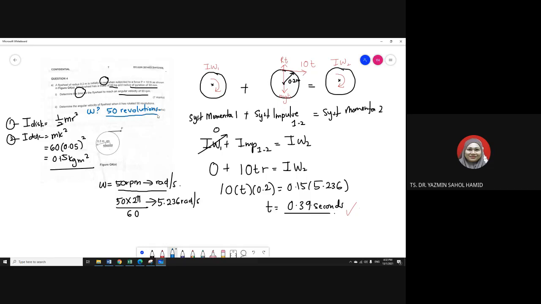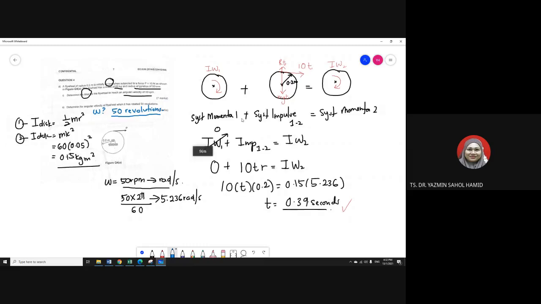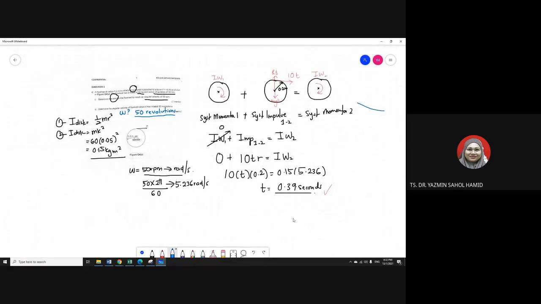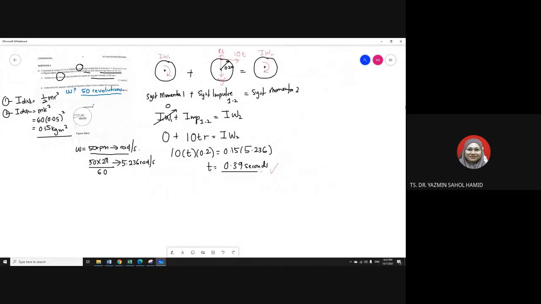The clue is 50 revolutions. 50 revolutions is for what principle? Remember I told you that work and energy involves position, displacement. So 50 revolutions is theta. So for question number 2, you need to use work and energy.